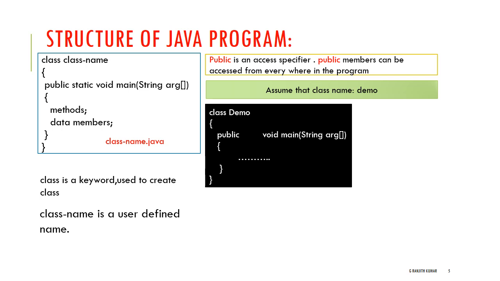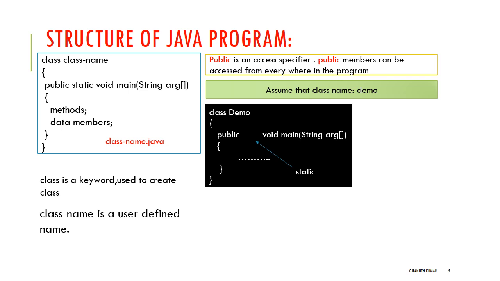Assume that the static keyword is not used to create this method. If the static keyword is not used, by default it is considered an instance member. An instance member should be called by using an object name, but there is no object created in this class. So the object of this class would have to be created in another class.